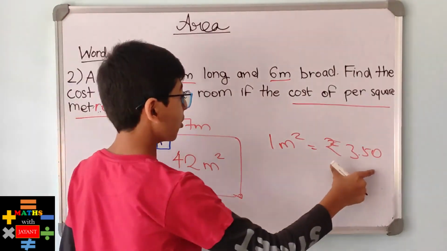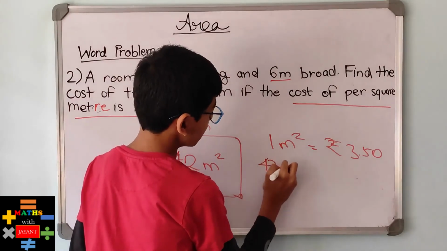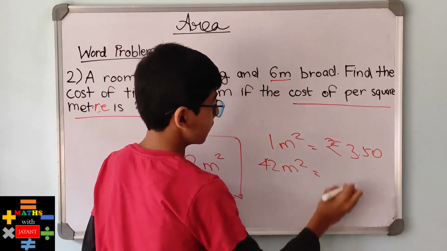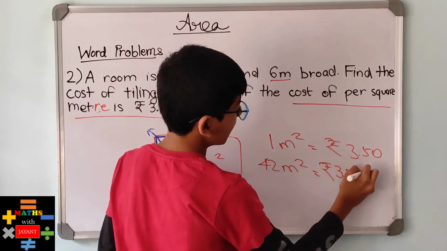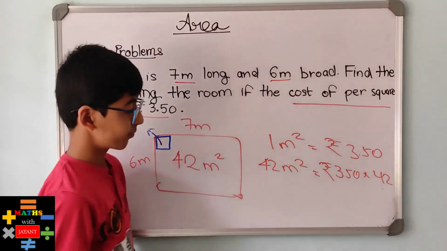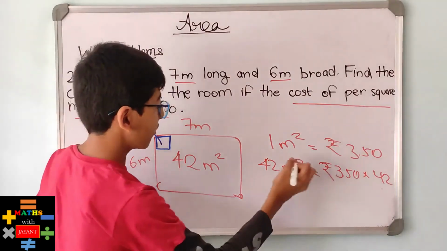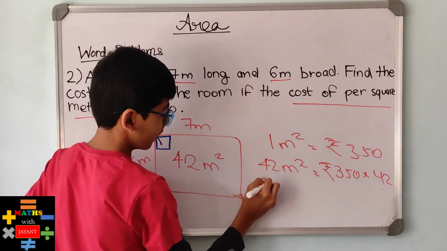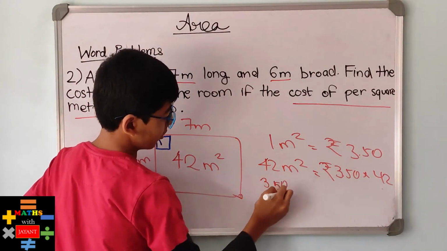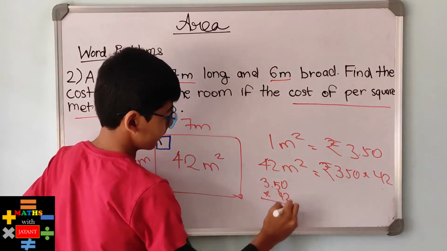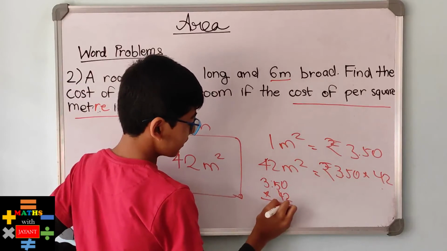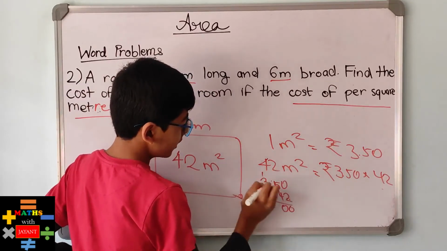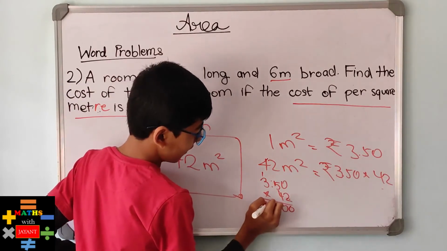So what will be the cost for 42 meter square? We'll do 3.50 rupees into 42. So let us do this. 3.50 into 42. So 2 zeros is 0, 2 fives are 10, 1 carry forward, 2 threes are 6 plus 1 is 7.